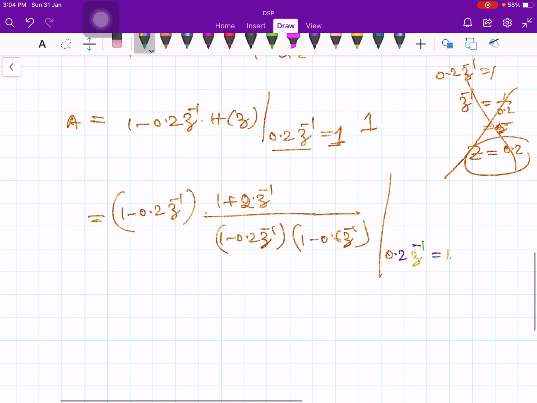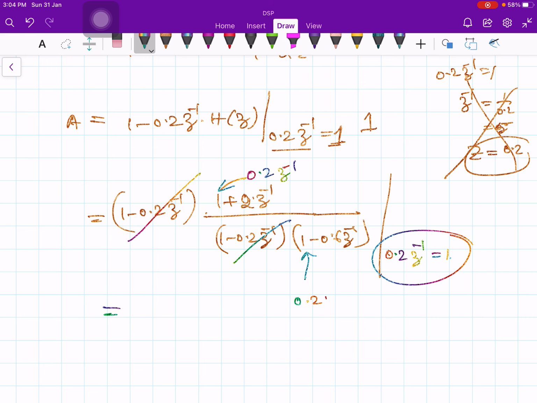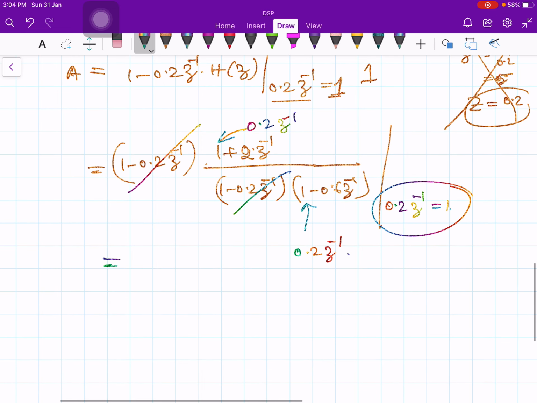So this term will get cancelled and this term will get cancelled. Now instead of 1 you substitute 0.2 z inverse, and similarly here also for 1 you substitute 0.2 z inverse.